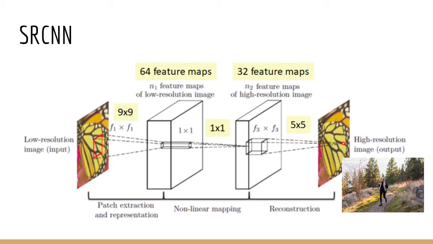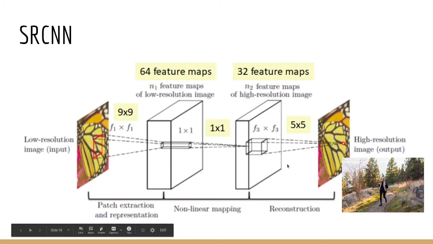In this case, you would have to run it 100 times in a raster fashion to get all the blocks upsampled, and then you have to post process it again to remove the edge blurring, edge artifacts, and each block is separately reconstructed and then combined.